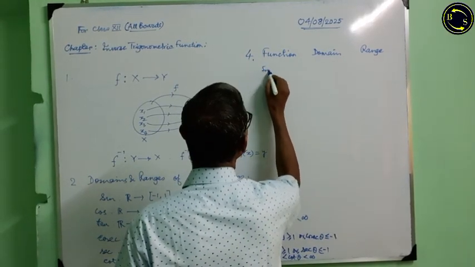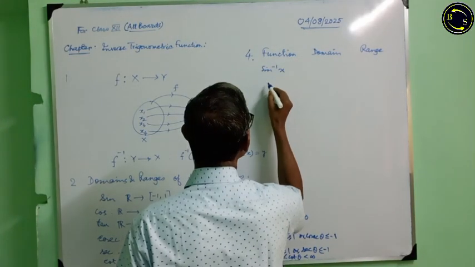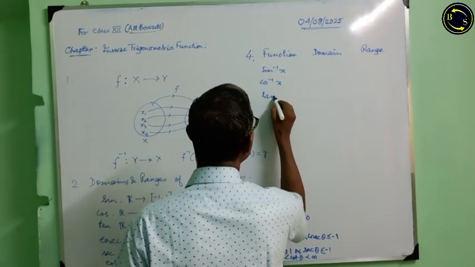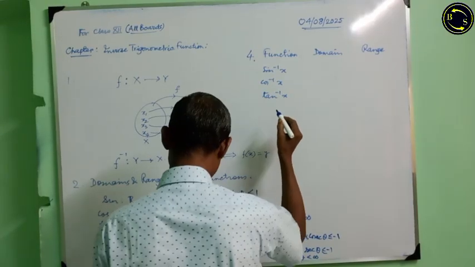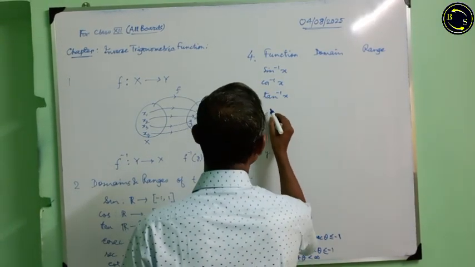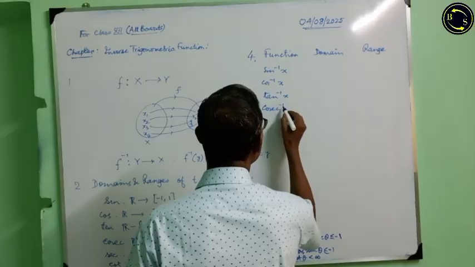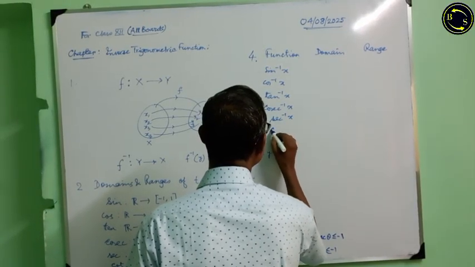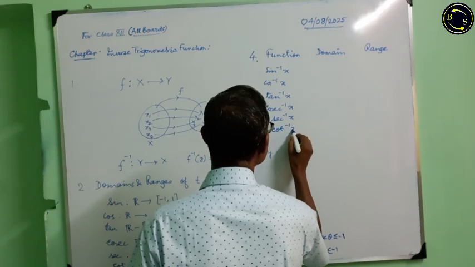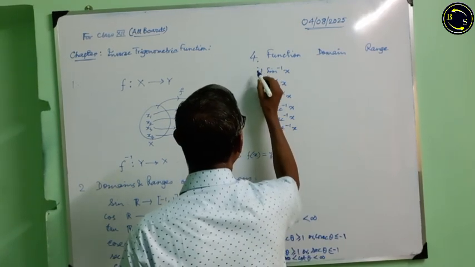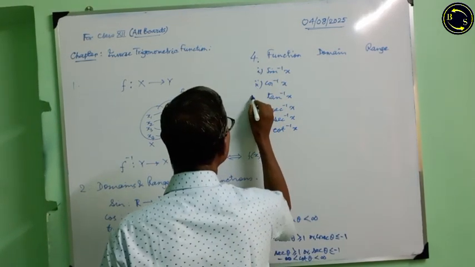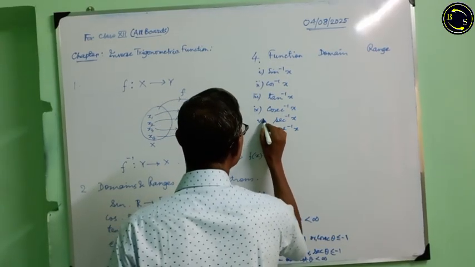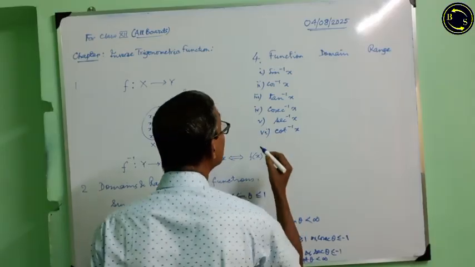I write serially: sine inverse x, cos inverse x, tan inverse x, then cosec inverse x, sec inverse x, and cot inverse x. Number 1, number 2, number 3, number 4, number 5, number 6.